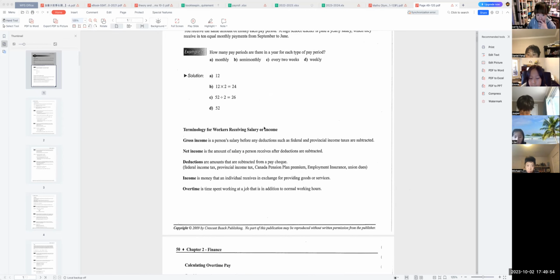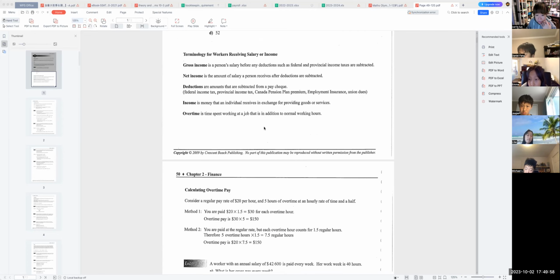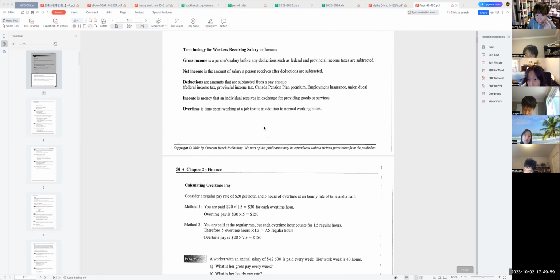Okay, so overtime is the time spent working at a job that is in addition to normal working hours. In Canada, if you work overtime, you are paid 1.5 times.